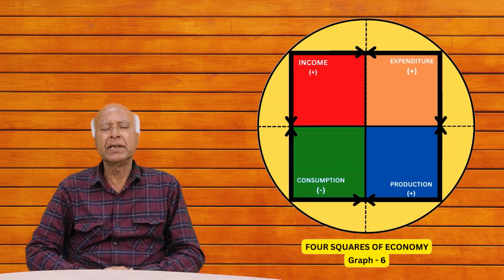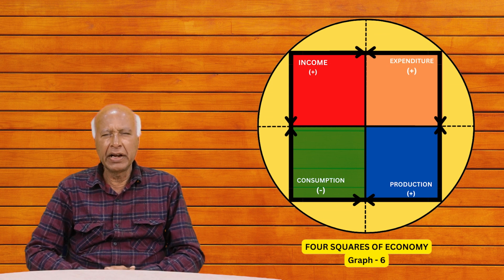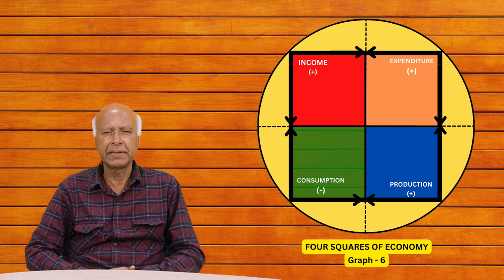If we divide the square of economy in four equal parts, then we will get the four squares of perfect size.